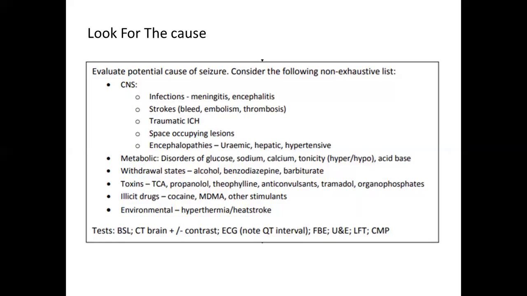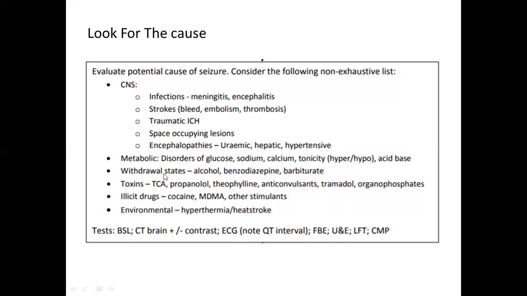So first, look for the cause. What are the possible causes underlying the status? There are many causes. CNS causes, brain causes: infection, meningitis, encephalitis, strokes, ICH, SOLs, and encephalopathies like uremic, hepatic, hypertensive encephalopathy. Metabolic causes like glucose, sodium, calcium issues.